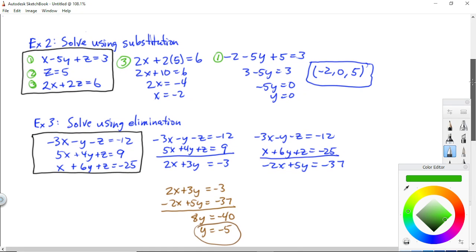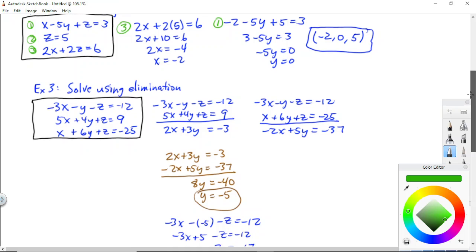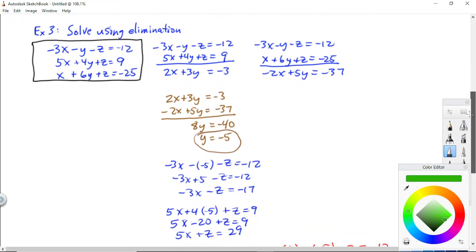Okay? So now we get to the fun part. Solve using elimination. We have a serious system of equations here. All three of these equations have x, y, and z. So there's no easy solving by substitution here, right?